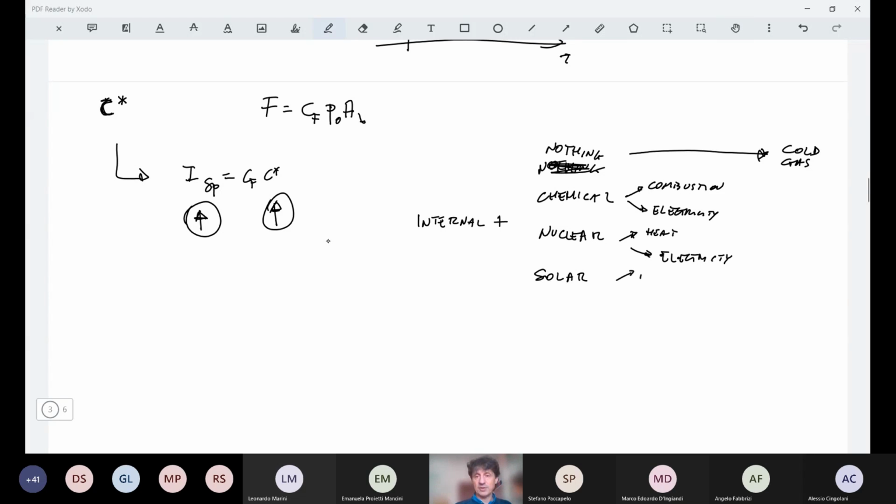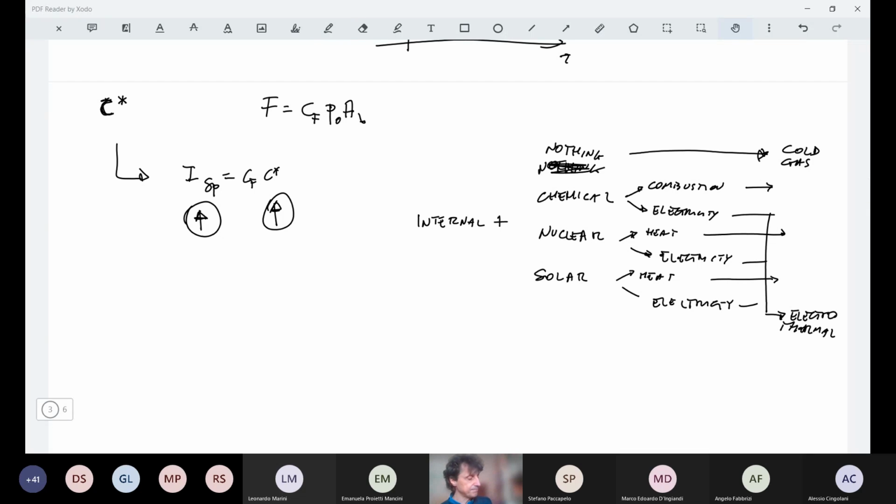And similarly for the solar energy. And we can put together these to get electrothermal rocket. Whereas for chemical, nuclear, and solar, we have chemical rocket, nuclear thermal rocket, and solar thermal rocket.